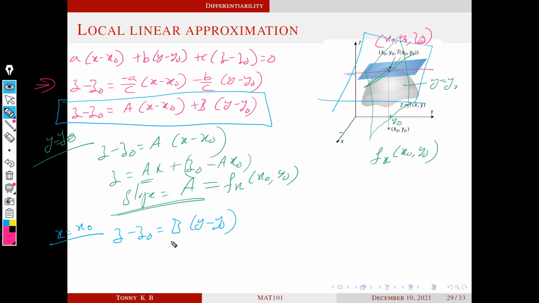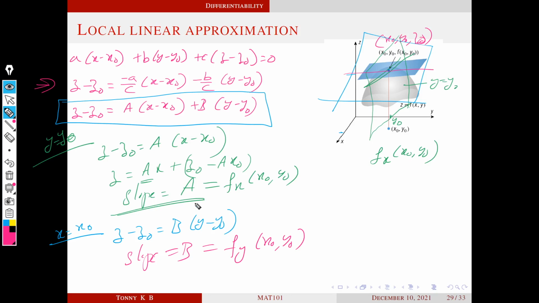So we know that the slope of this tangent line is b. B is the slope of this tangent line. This tangent line is parallel to our y-axis, or in the direction of y-axis. So this is our fy of x naught, y naught. That is the geometrical interpretation of the partial derivative with respect to y. So now a and b are known.